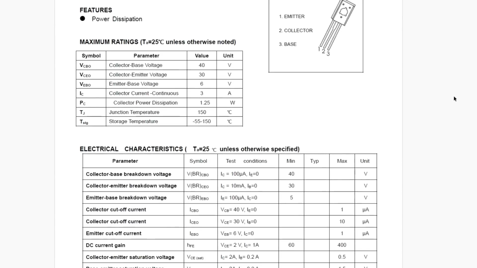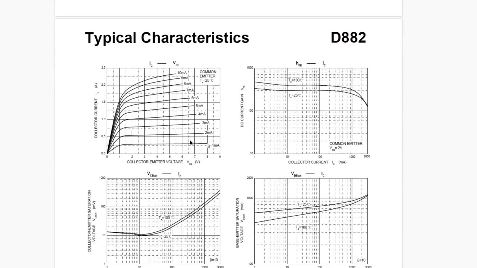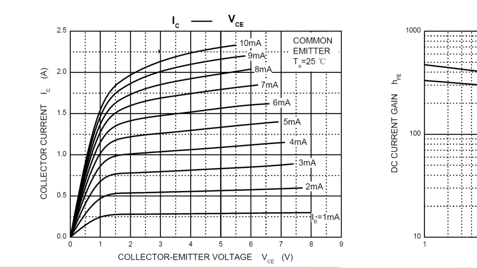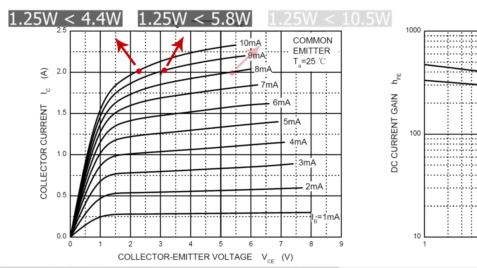The parameter is here. Collector power dissipation is 1.25 watts for this transistor. It's much lower than the power dissipation on these points. Remember, 4.4 watts, 5.8 watts, 10.5 watts. The transistor can't drive this DC motor because of the restriction of the power dissipation.